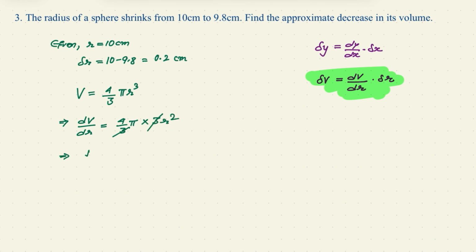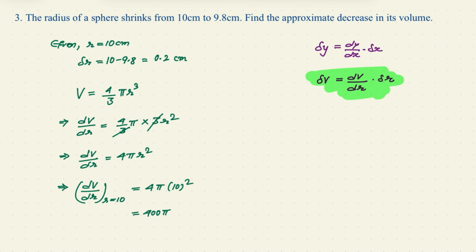That means dV over dr will be equal to 4 pi r square. So we will find the value of dV by dr when the radius was 10 centimeter. So it will be 4 into pi into 10 square. Since 10 square is 100, 100 fours are 400 pi.